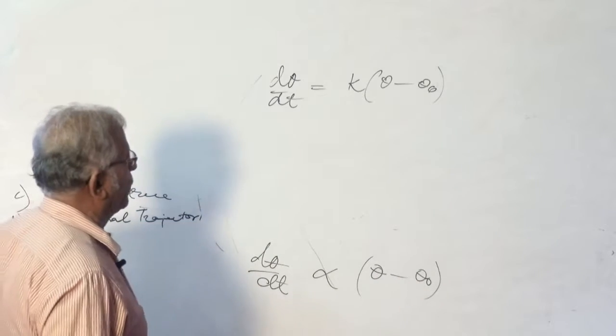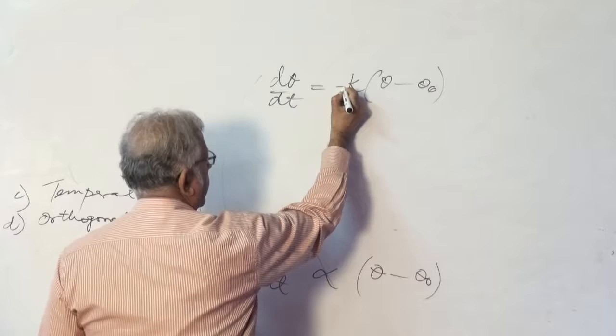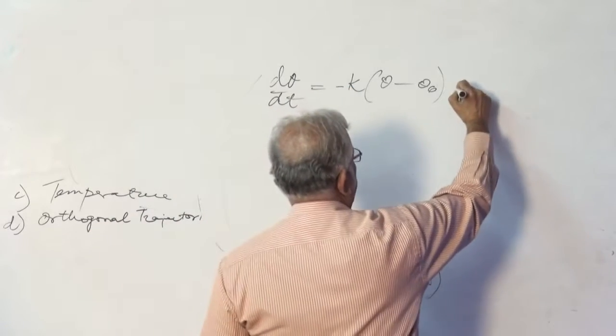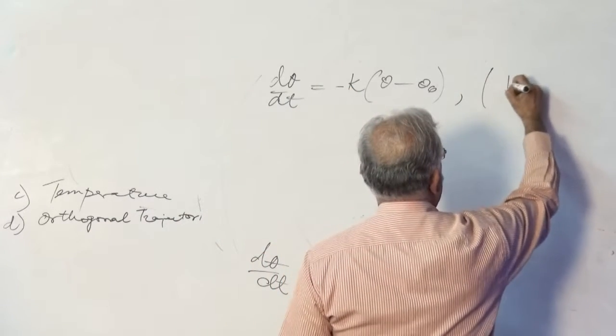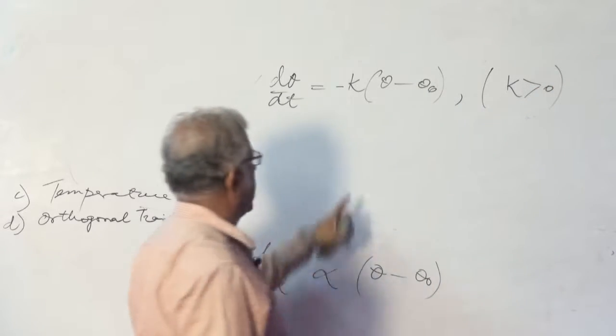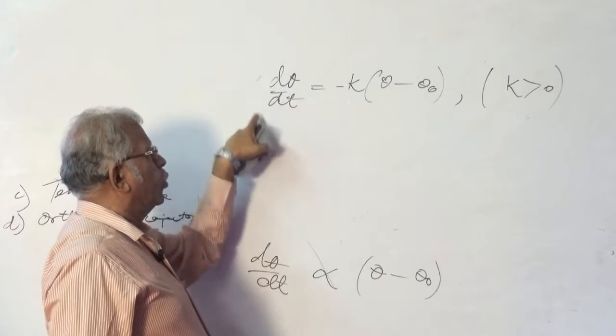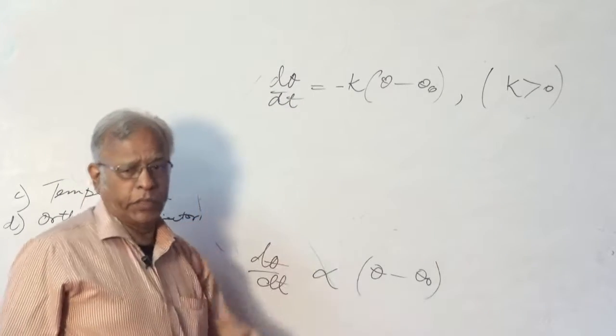So as we have done before, we will write minus k. And if we say that k is positive, then that ensures that minus k is negative. So we have indeed cooling and not a rise in temperature.